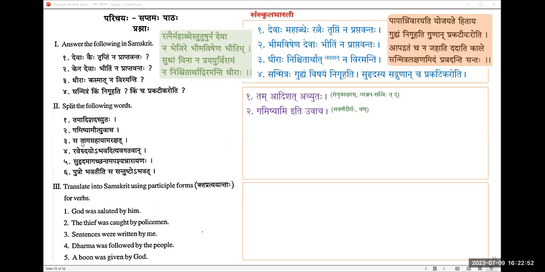So something is there between this Tama and Asahaya. Arakshat, you are right. That separates out. And then what happens to Sa? Visargalopa, right? Saha.